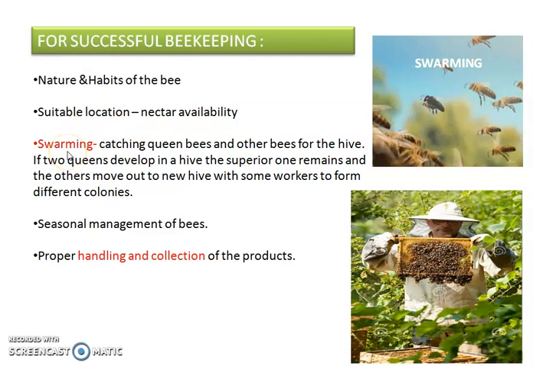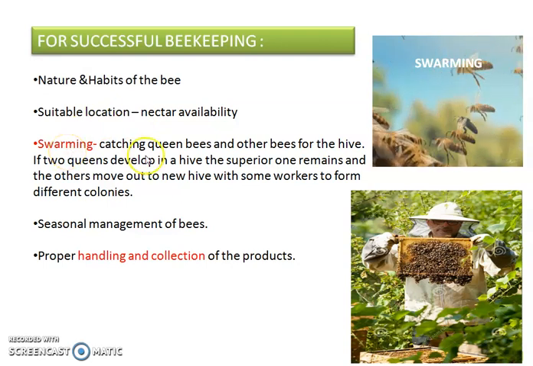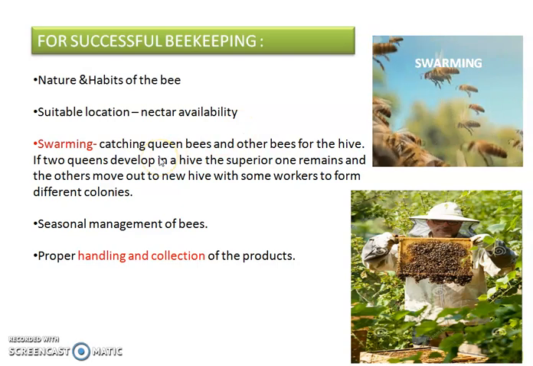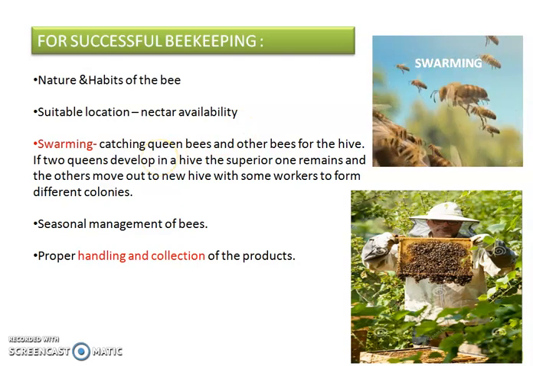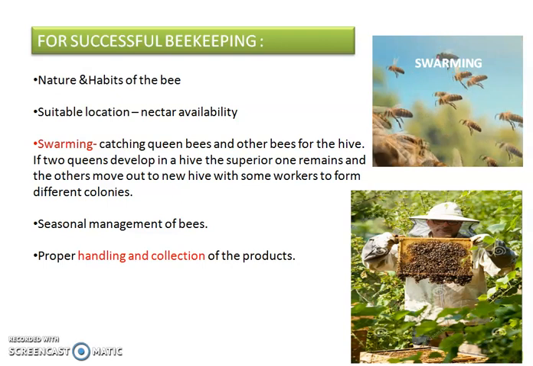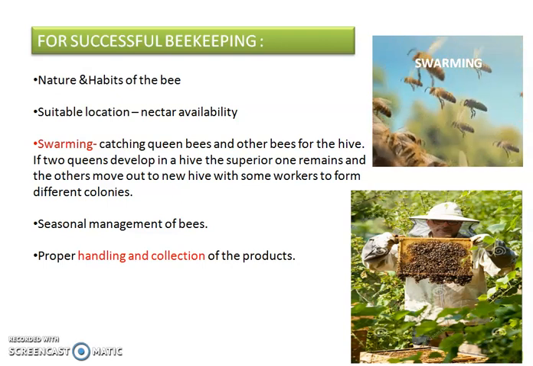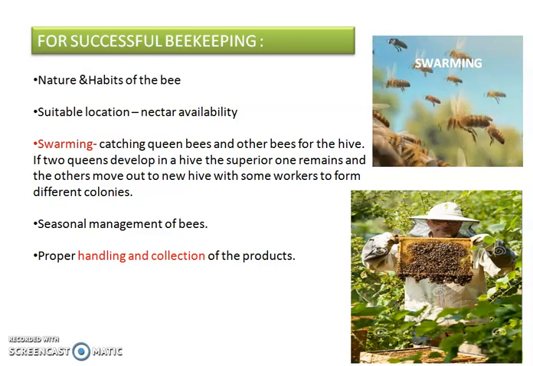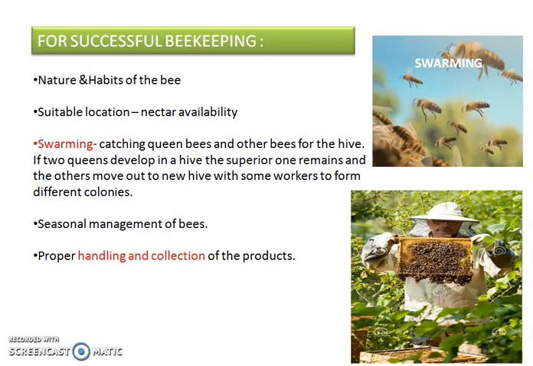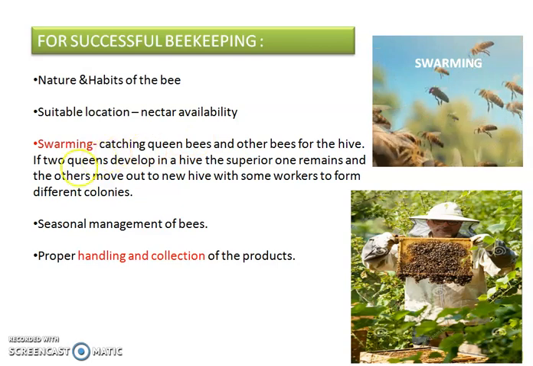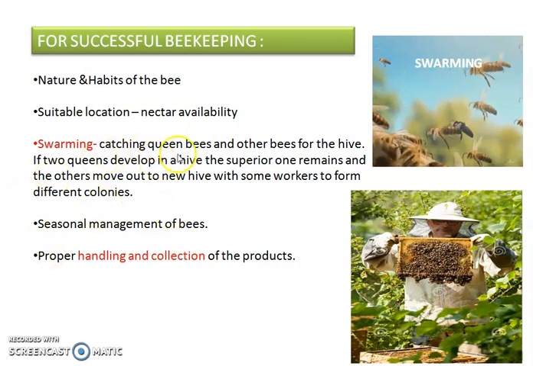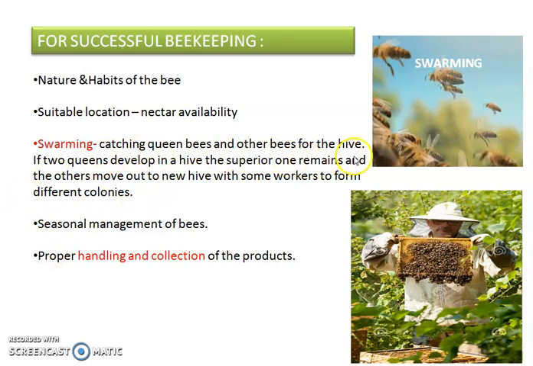Swarming, this is one important term. What are swarms? When you prepare a new hive like this one apiary, you have to introduce some bees into it. There should be a queen bee, worker bees, and some drones. So all those freshly introduced bees are called swarms. Catching queen bees and other bees for the hive.